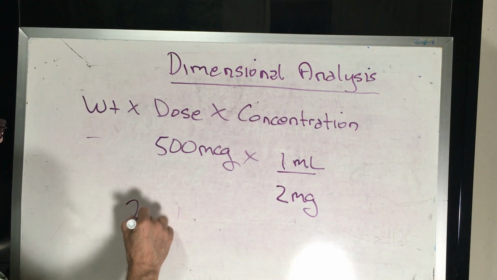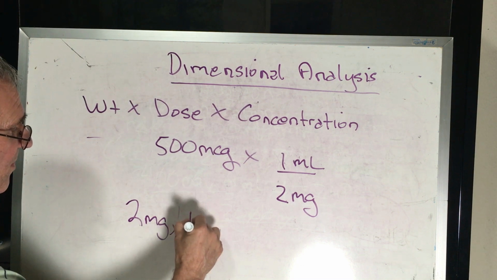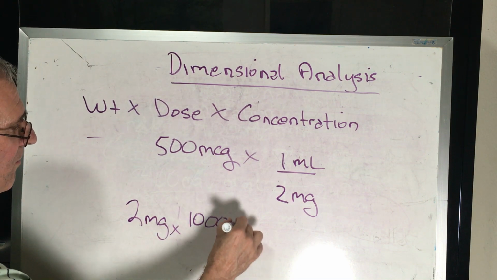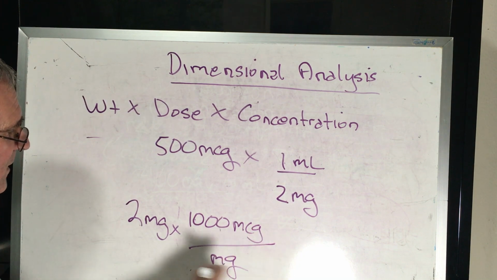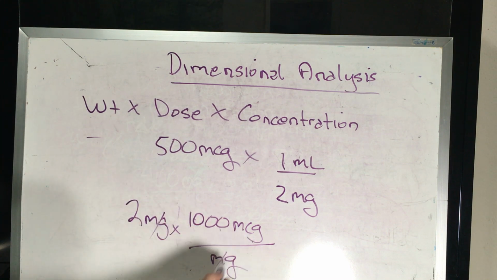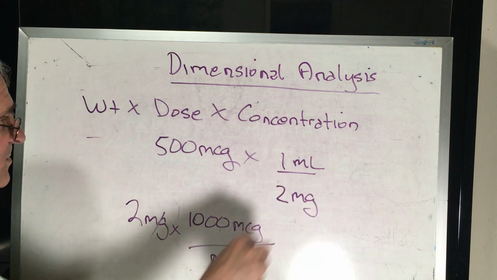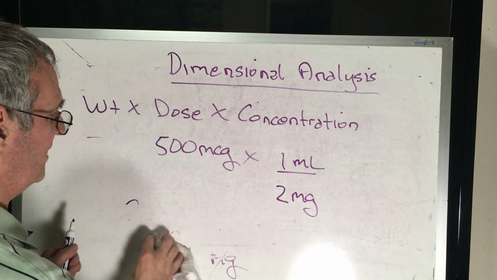So that's 2 milligrams times 1,000 micrograms per milligram. I want to get rid of my milligrams, so that's why I put it on the bottom. So I have 2,000 micrograms per 1 milliliter in this problem. Okay? So I'm going to substitute that milligram with micrograms. So I have 2,000 micrograms.